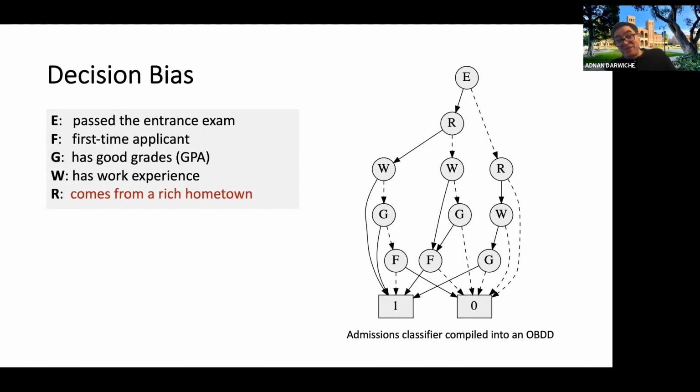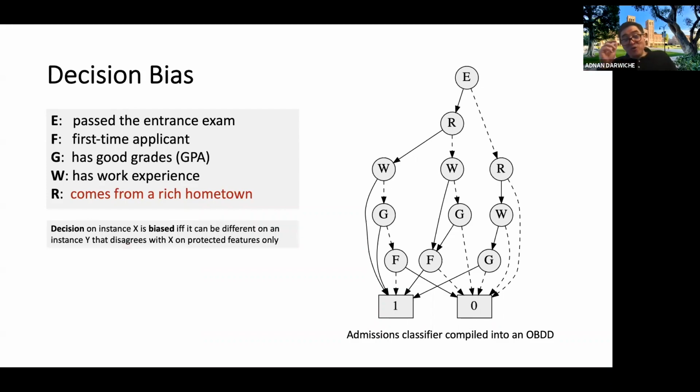Now, we're going to talk about the notion of a protected feature, a feature that we're interested in whether it has been used in making a decision. This is relating to bias. We're going to say that a decision is biased if it depended on a protected feature. What does that mean? That means the decision could change by simply changing only the values of protected features.